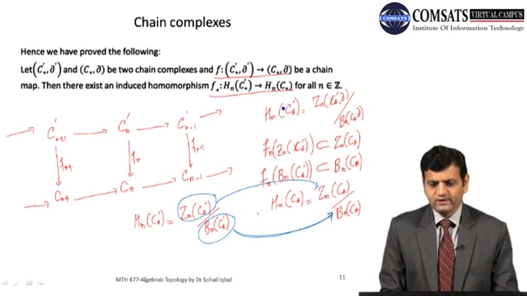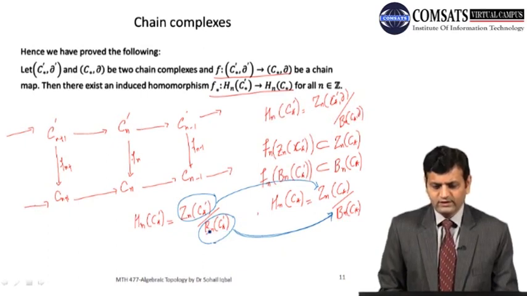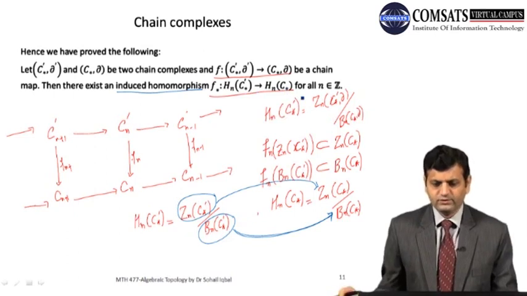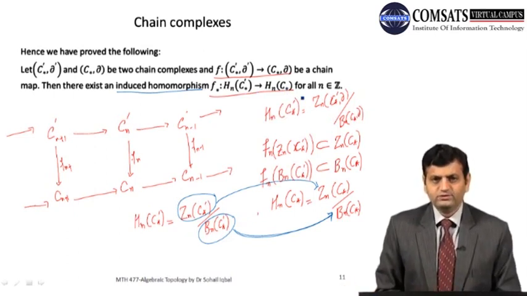So there is a well-defined homomorphism, because these cycles are contained in the cycles and boundaries are contained in the boundaries. So we can define this induced homomorphism from Hn of C star prime to Hn of C star. So given two chain complexes and a chain map between them, we can define an induced homomorphism from Hn of C star prime to Hn of C star.